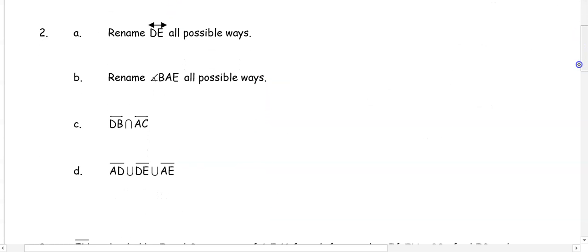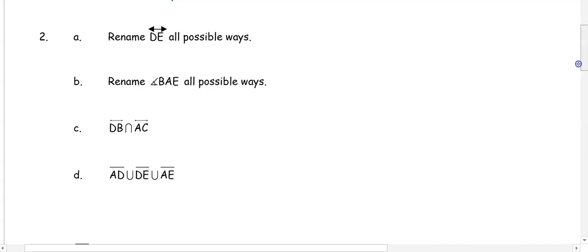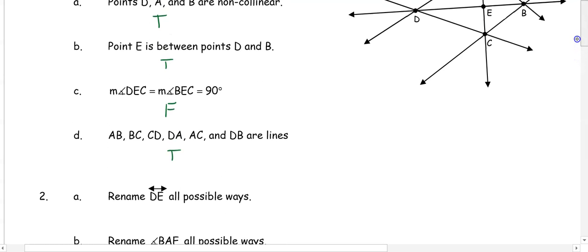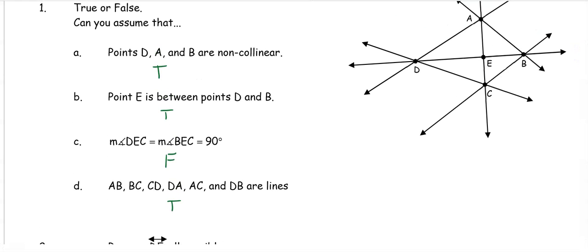In number 2, we want to rename line DE in all possible ways. So line DE is this line that goes on in both directions forever. So we can switch E and D. We can also switch B in for either of the letters.